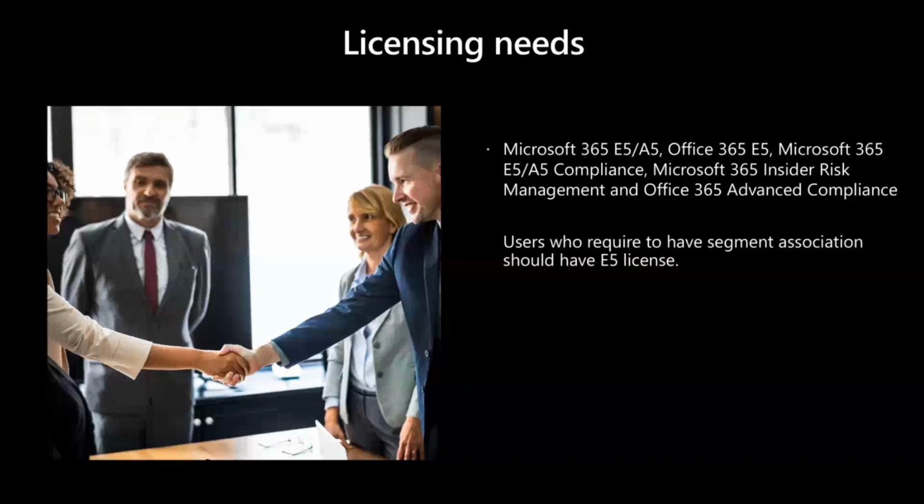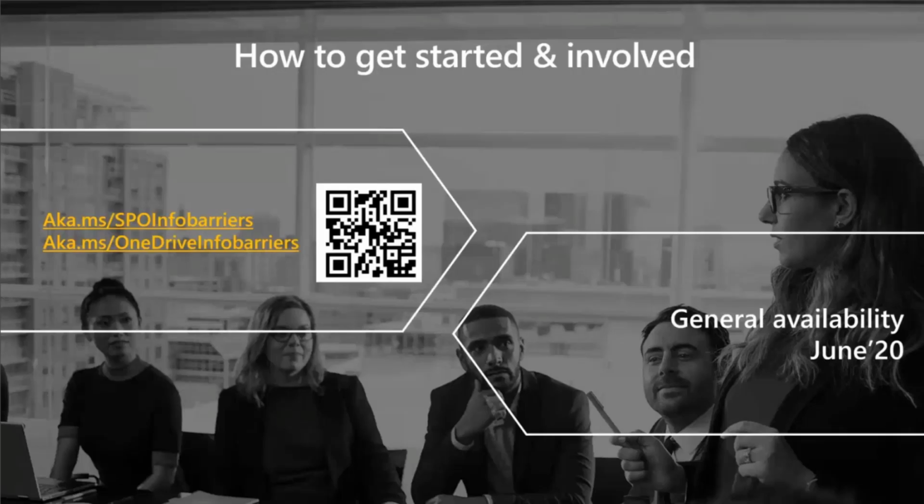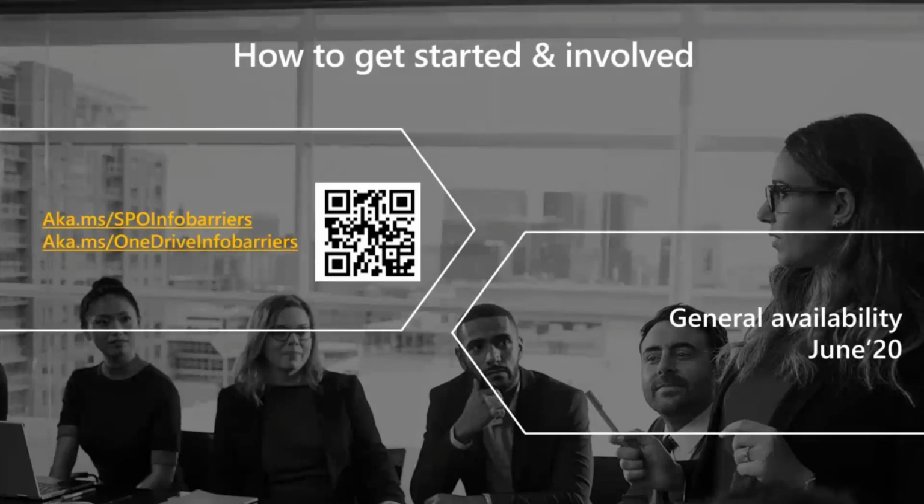Thank you. And thanks, Nikita, as well. So I'm going to go ahead and share my screen where you can take the next step or the link where you can learn more about this feature. aka.ms/SPO info barriers will give you a link to information about all SharePoint related information, and then /OneDrive info barriers is also available.